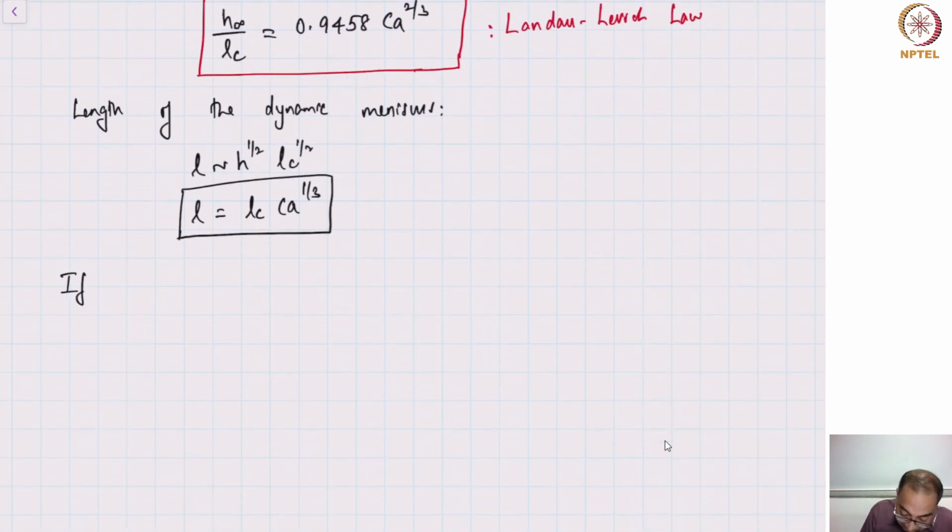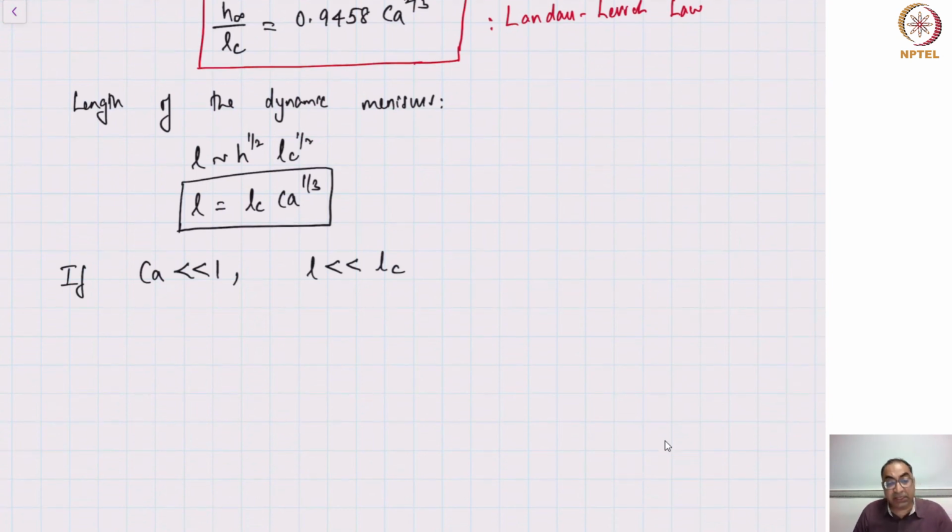Therefore, if capillary number is very small, L is very small compared to LC. So this is within the approximation that we have made of the dynamic meniscus. Strictly speaking, we need capillary to the 1 by 3 to be small.